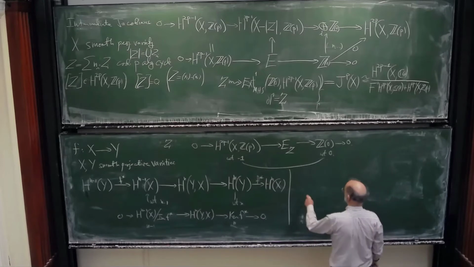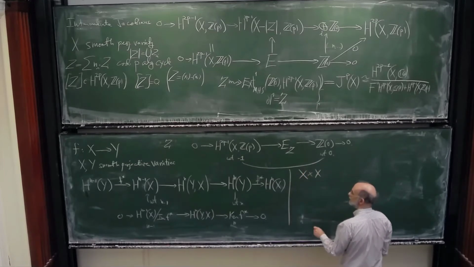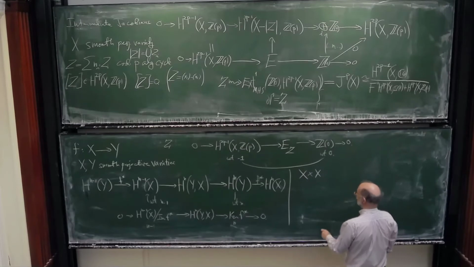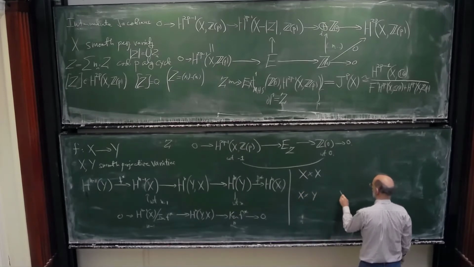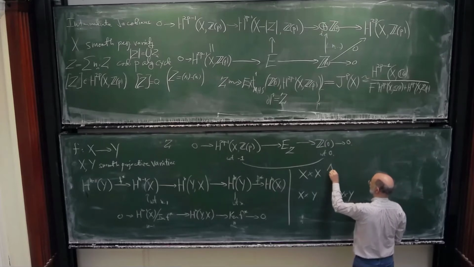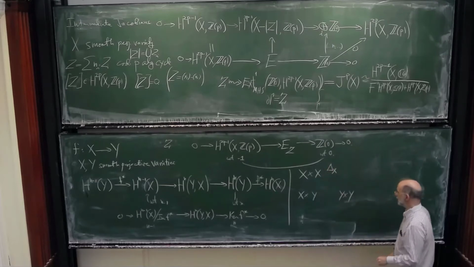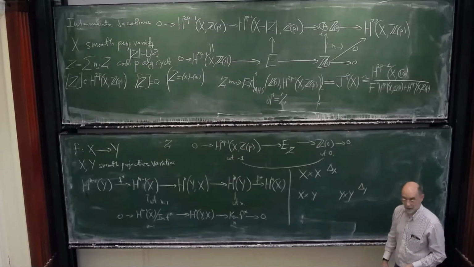So if I look at x cross x, then I can look at x cross y, and I can look at y cross y. And so here I have the diagonal on x, and here I have the diagonal on y. And those are algebraic cycles. Can't argue with that.